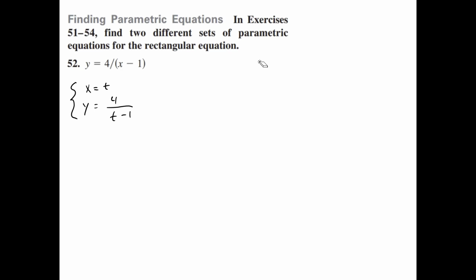We could also let y be t. But then we have to figure out what to substitute for the parametric equation for x. Well, to do that, we can just take our formula and solve for x. So then x minus 1 times y will equal 4.